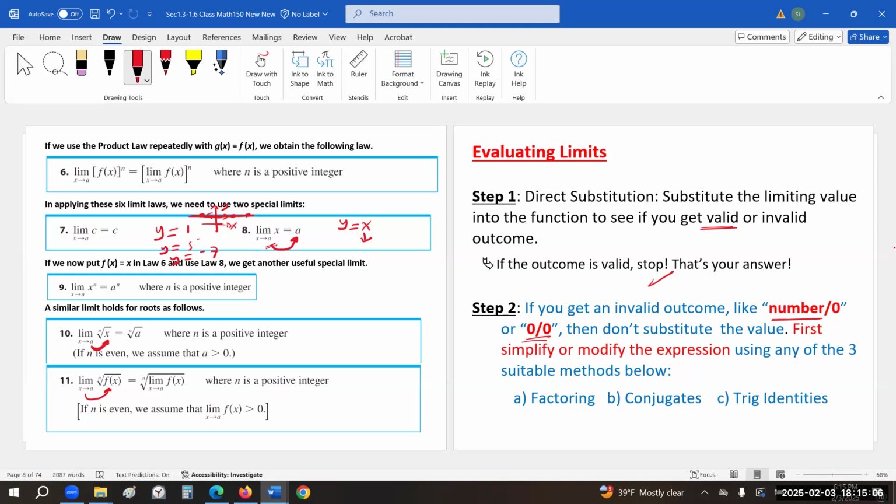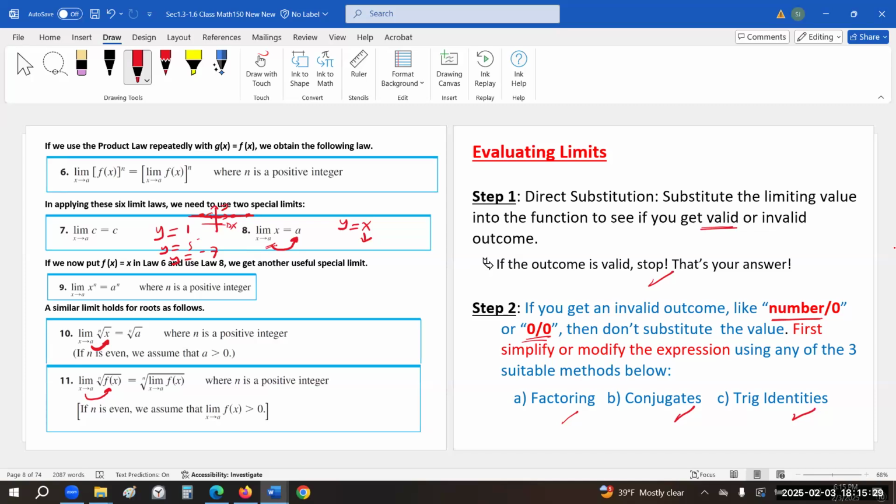One of them is to factor and cancel, or use conjugates to rationalize. Or if you're working with trig identities, then you apply trig identities and simplify. L'Hopital's rule, we are going to use in chapter 2, not in chapter 1. Yep, for limits we can use L'Hopital's rule, but not here, not in chapter 1.